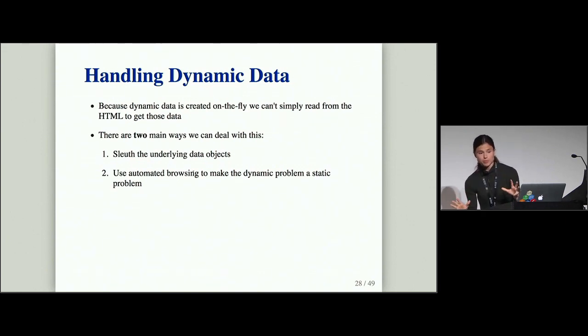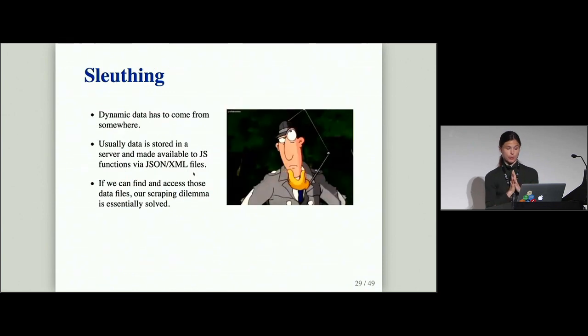It's not always possible, depending on how that site is designed, but it's a good first thing to look for, because usually if you can get at that back end, it's much easier than the alternative, which is automating the browsing to try to make your dynamic problem a static one. But we can do both, and I'll show you how that would work.